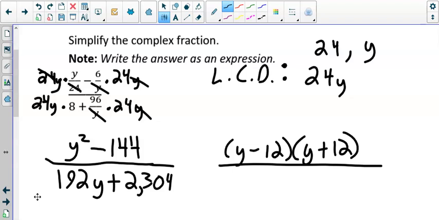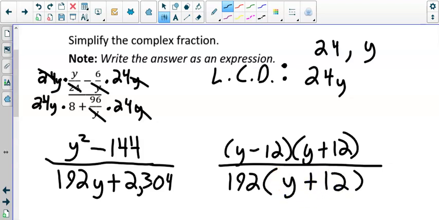Actually, it's the GCF. Yeah, you're going to pull out 192. Both numbers can be divided by 192. So we pull 192 out. What's that going to leave me with in the parenthesis? Y plus what? Plus 12? Okay. And that's not surprising to me.